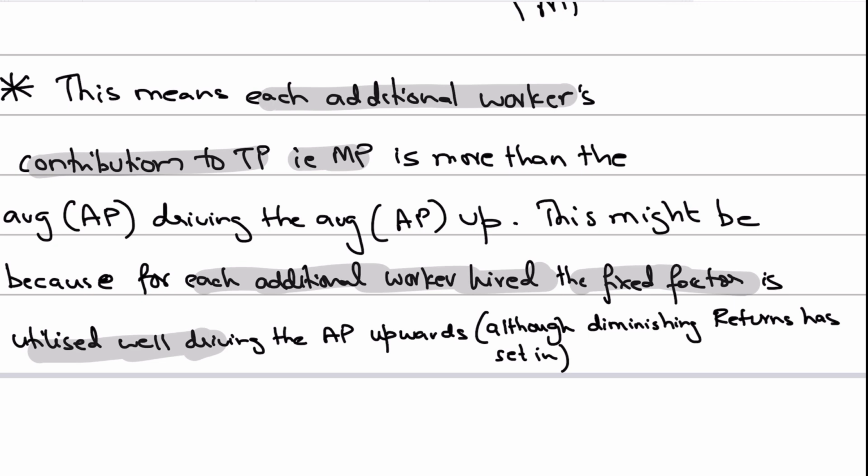Although diminishing returns has set in, there is still a bit of space for a better utilization of your fixed factors. And that's actually pulling the average product upward, because you can say that labor productivity is rising, right?